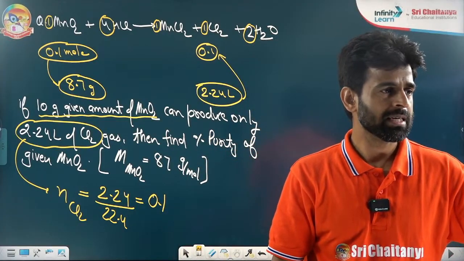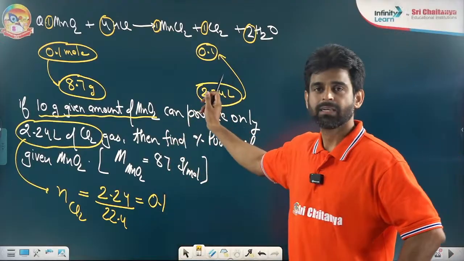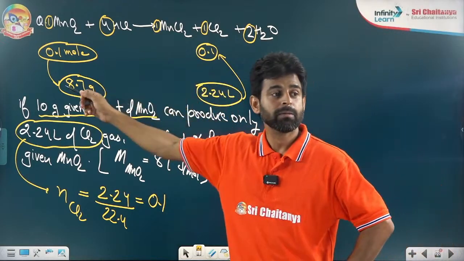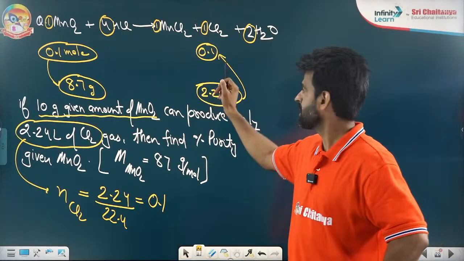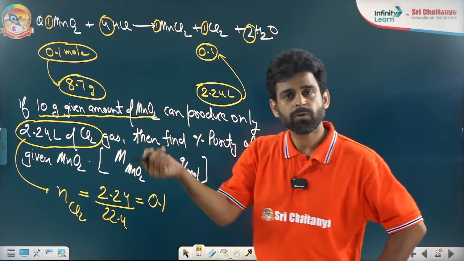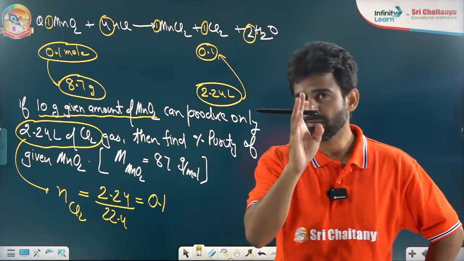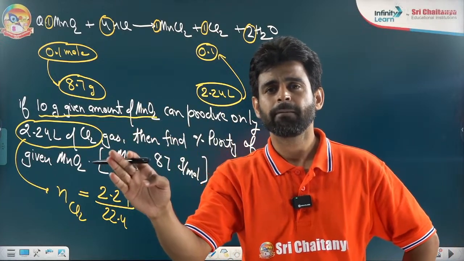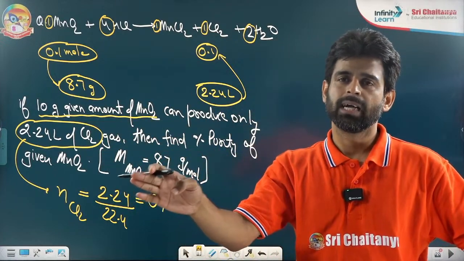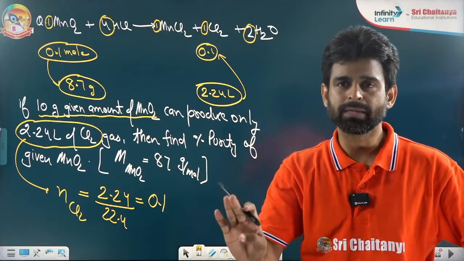Are you getting my point? The product will be formed always from pure reactant, right? The product will be formed only from what? Pure reactant. So from the product I found the pure reactant, right?